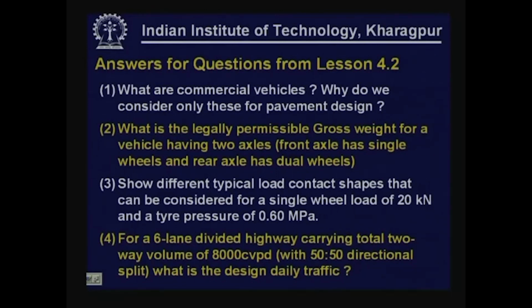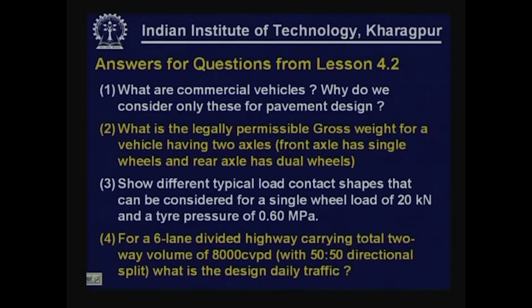For a 6-lane divided highway carrying total two-way volume of 8,000 commercial vehicles per day with 50-50 directional split, what is the design daily traffic? So we have a divided carriageway, it is a 50-50 directional split. So in one direction we will have 4,000 commercial vehicles per day.